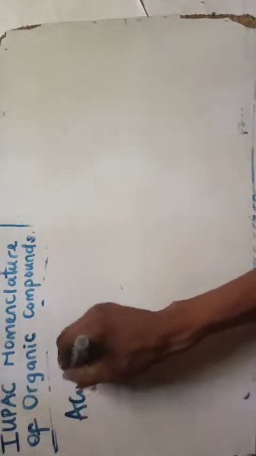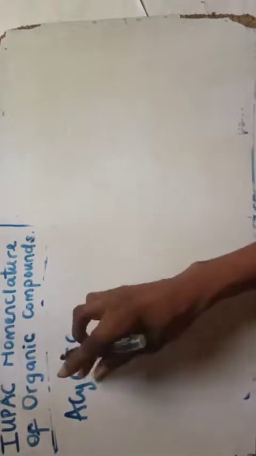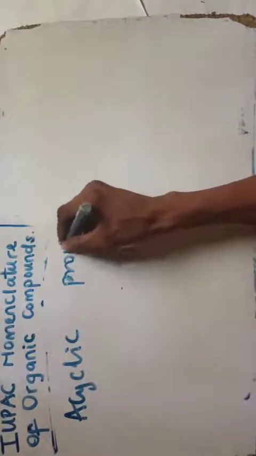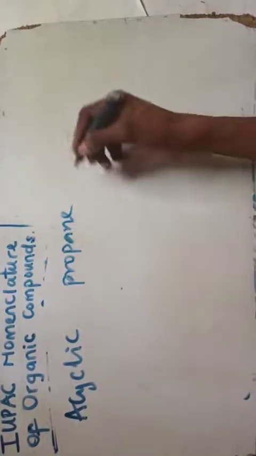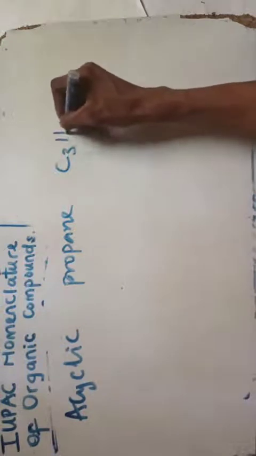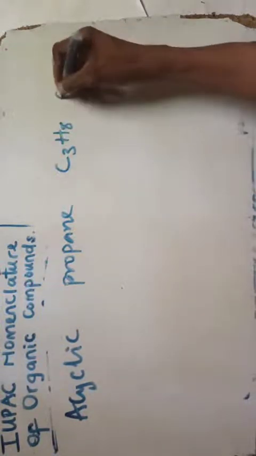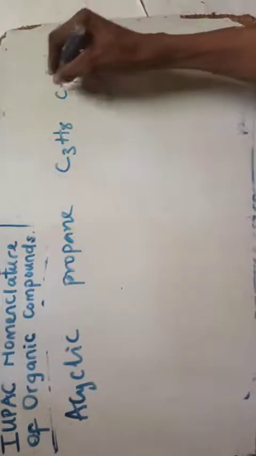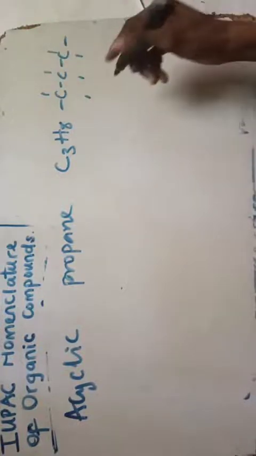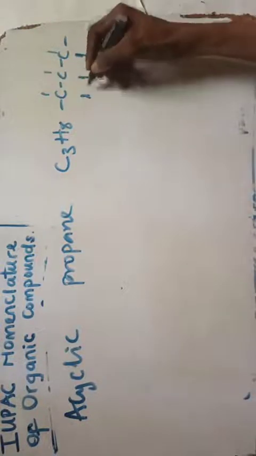Propane in its acyclic state is just propane, C3H8, that is 1, 2, 3, and 1, 2, 3, 4, 5, 6, 7, 8 is the number of hydrogens surrounding it.